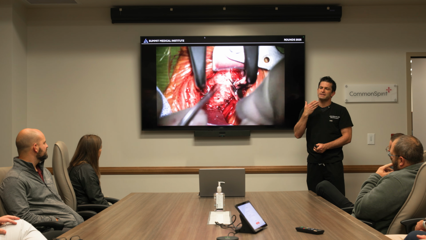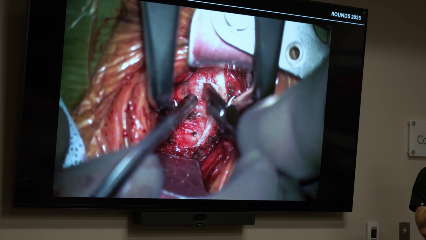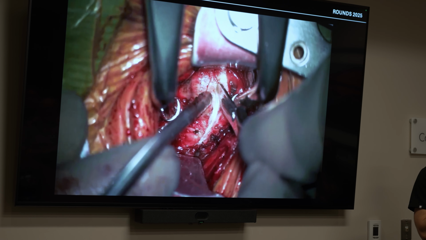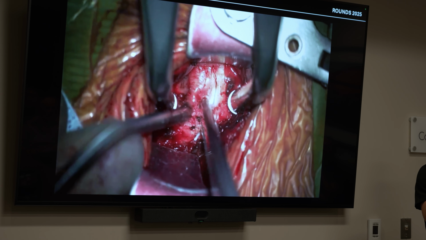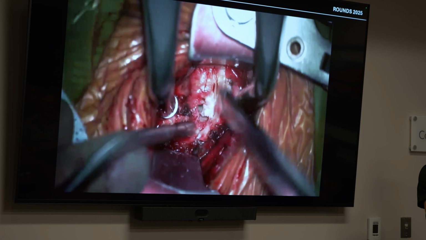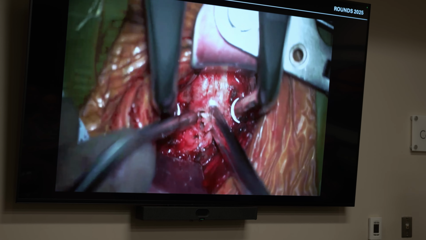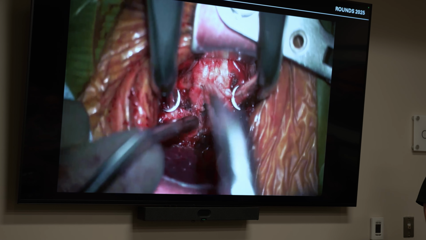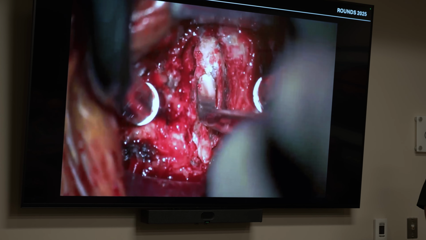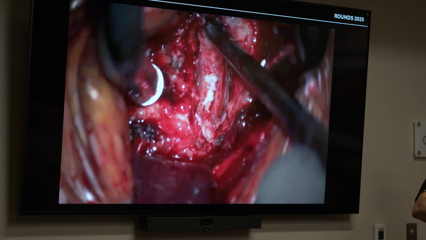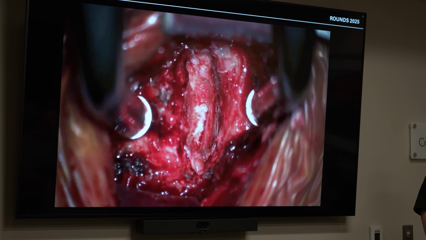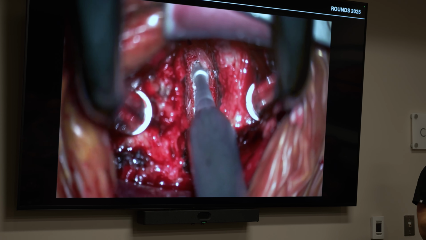But this approach does not involve a lot of blood loss. We really only have to cut the platysma, which we can sew back together, that muscle right under the surface of the skin. We go just medial to the carotid artery and put the retractors in, pulling the esophagus over, and then we have complete access to the disc space.